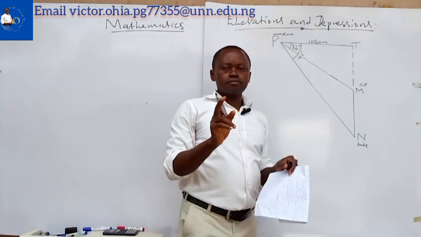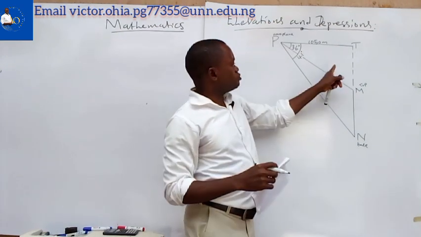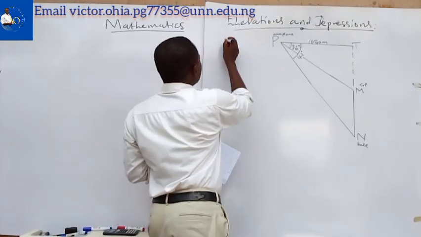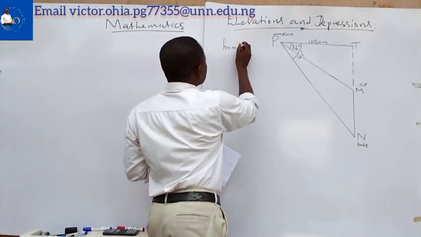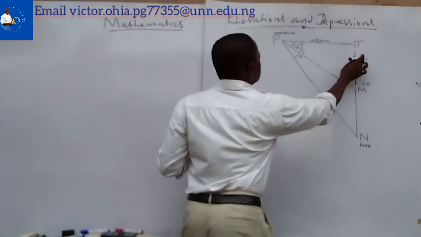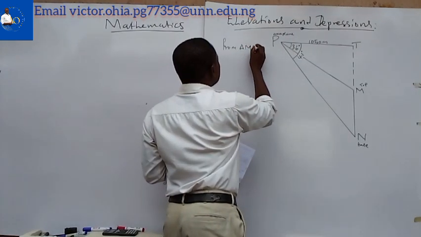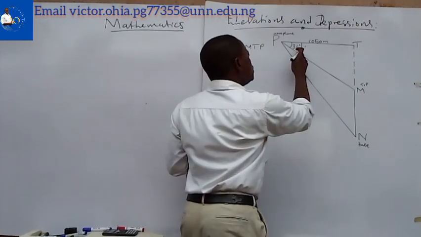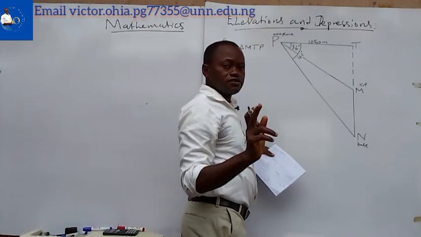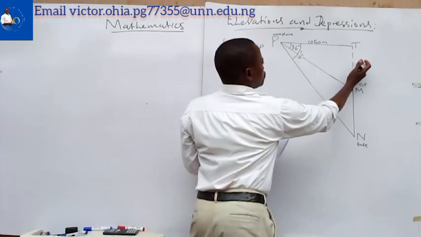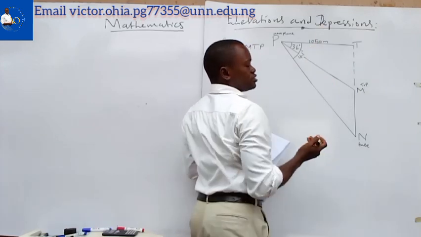So I want to start handling this question from this triangle. From triangle MTP, if this angle 36 degrees is our reference point, this will be the opposite, this will be the adjacent.